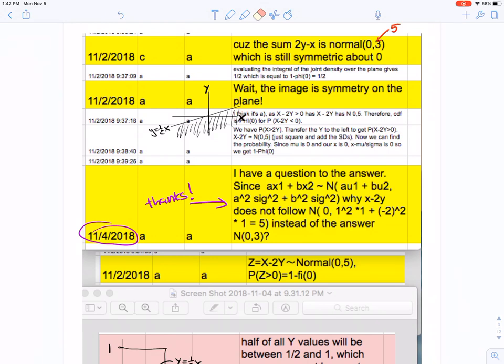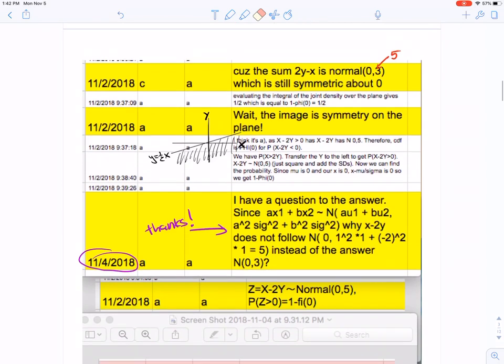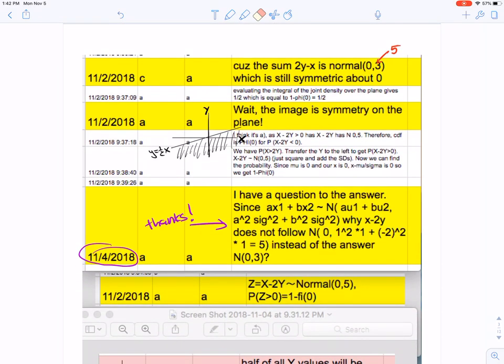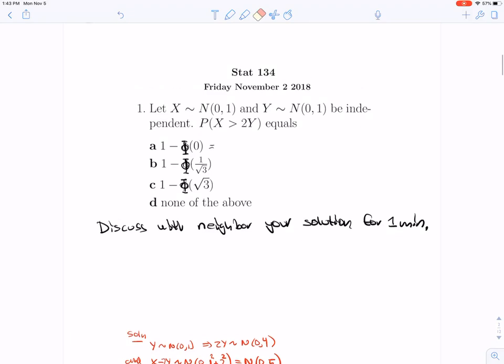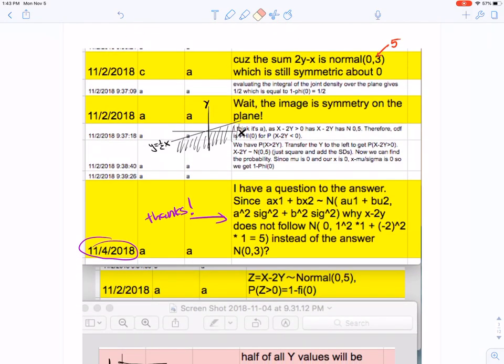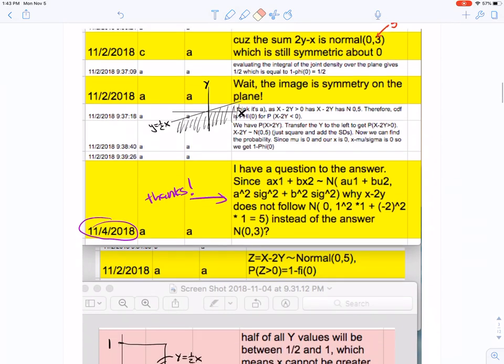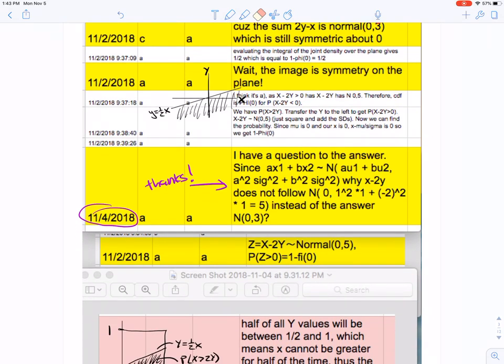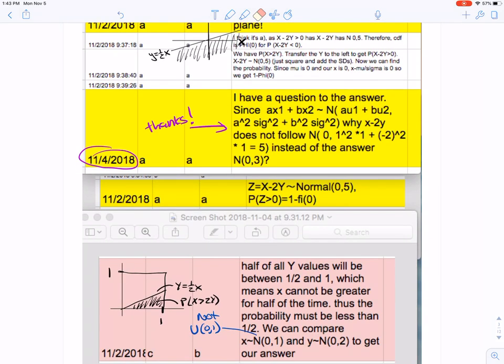It's the area for X greater than 2Y, so that's the area under the line y equals one half x, and yes, that is half the plane. Another person wrote yesterday and pointed out that in fact it's not normal 0, 3, it's normal 0, 5. Thanks to that person.